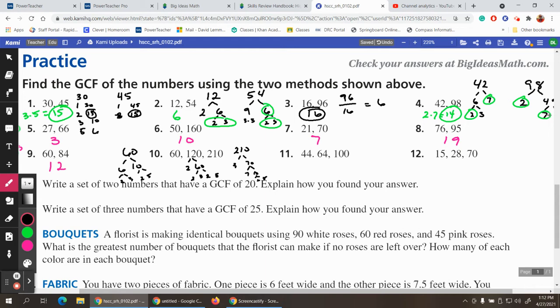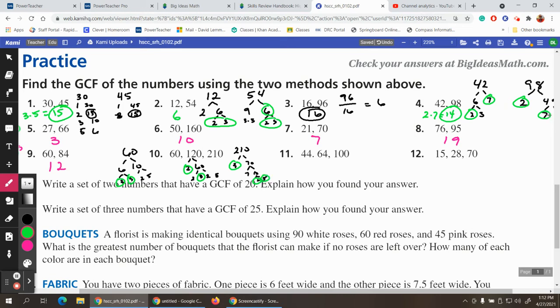Well, we know with these, we have a 2, we have a 2, and we have a 2. We have a 3, we have a 3, and we have a 3. We do not have a 7.